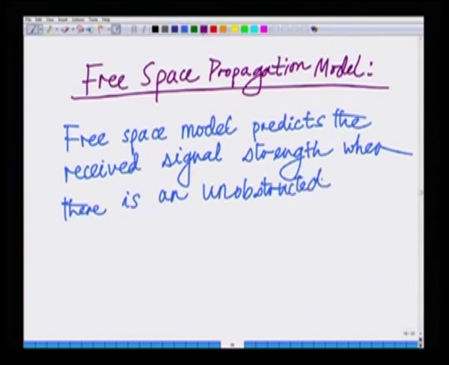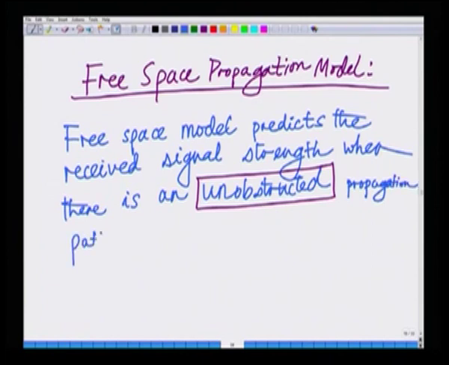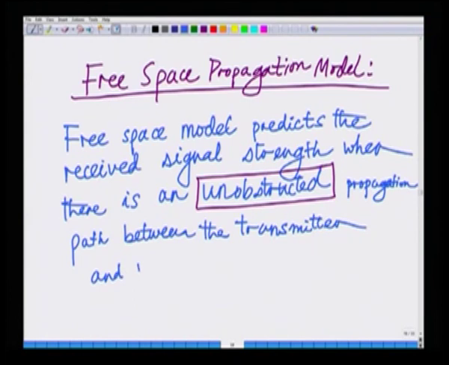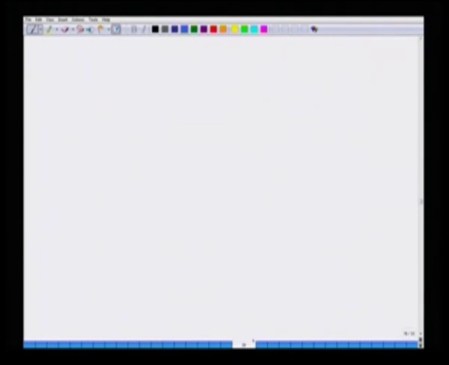Remember, this is the key: there is an unobstructed propagation path between the transmitter and the receiver.